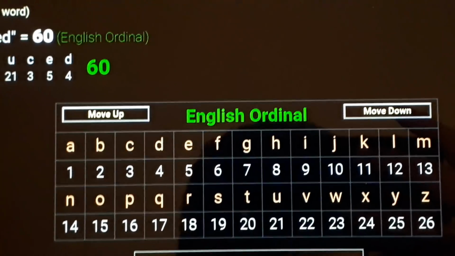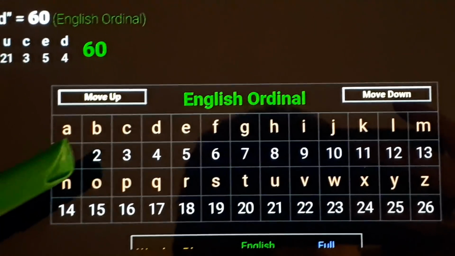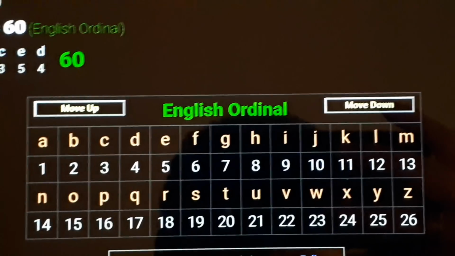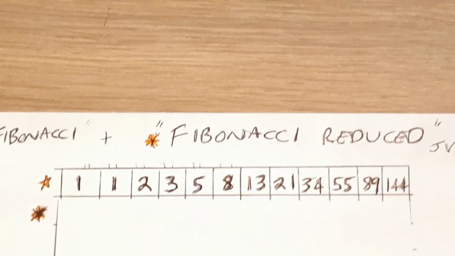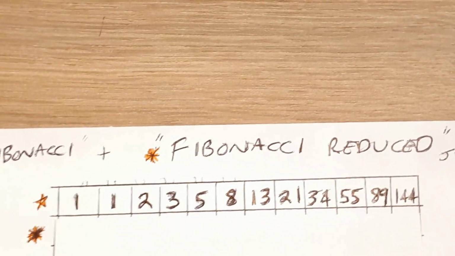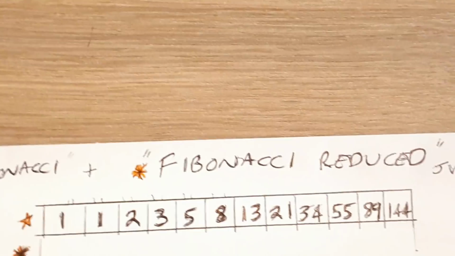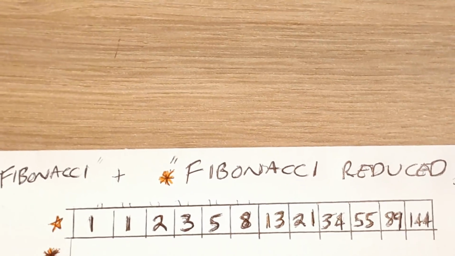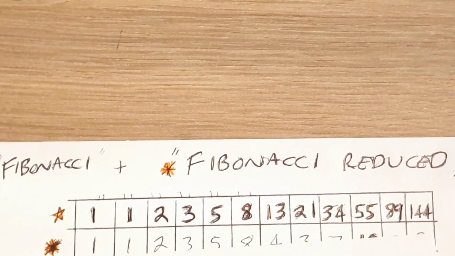Okay, so this is a cipher we all know, Ordinal. Letters have numbers attached to them in an ordinary sequence of 1 each time. So the way I've done this cipher is the first 12 numbers of Fibonacci, that would be the ordinal Fibonacci gematria. And then you'd have the reduced, which is the reduced of those 12.